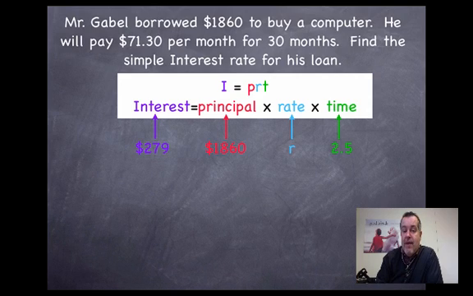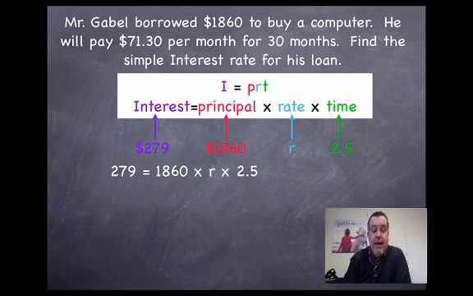When we're dealing with time in this formula, we're usually talking about years. So we're going to convert 30 months into years. There are 12 months in a year. 12 times 2 is 24, plus 6 months gives us 30. So it's 2.5.